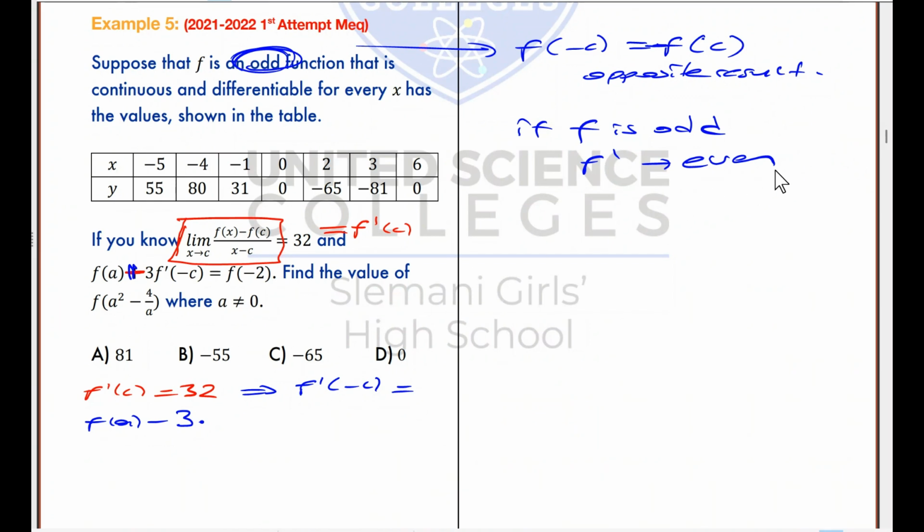So if f prime is even, we don't change anything. For even functions, the relation is f of minus c equals f of c. If f prime of c is 32, f prime of minus c is also 32. Alright, so we have f of a minus 3 times 32.